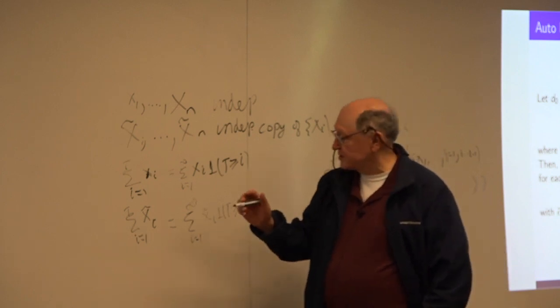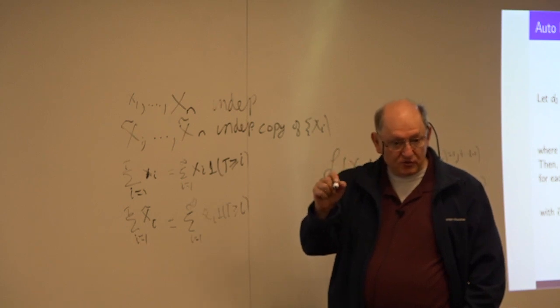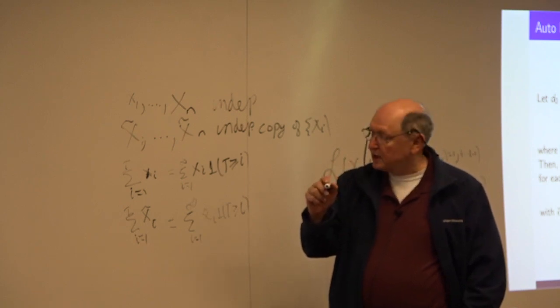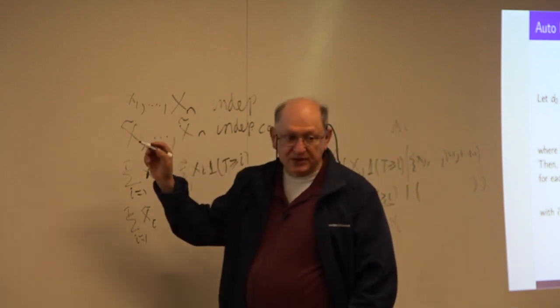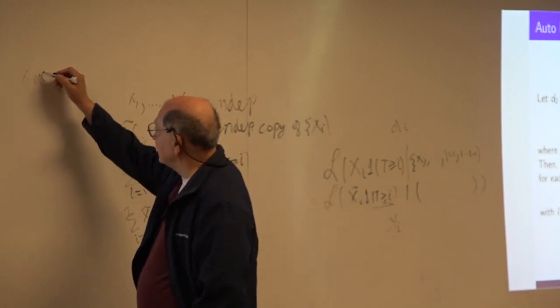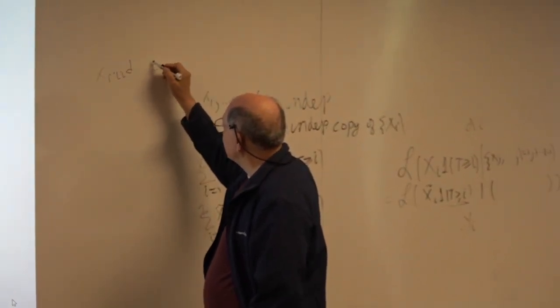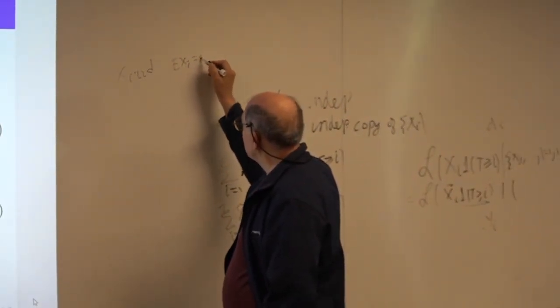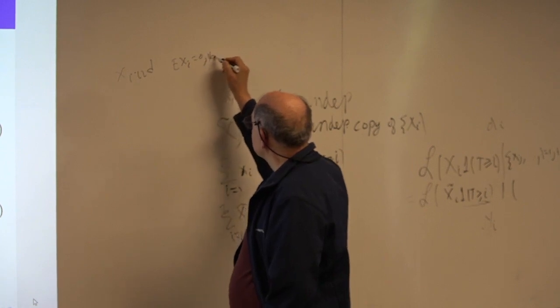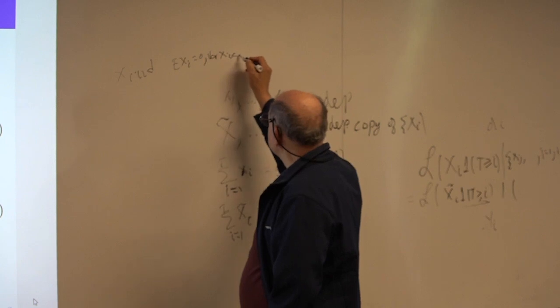Wald's second equation tells you that if you have IID mean 0 variables, and t is a stopping time, so if you have x sub i IID variables with expected value of x sub i equal to 0 and variance of x sub i less than infinity, okay?